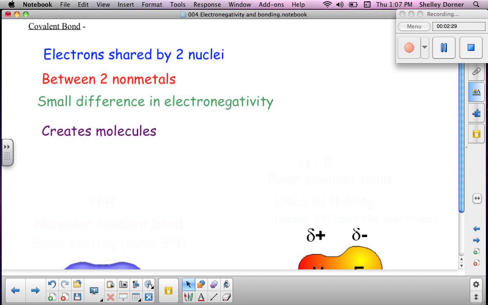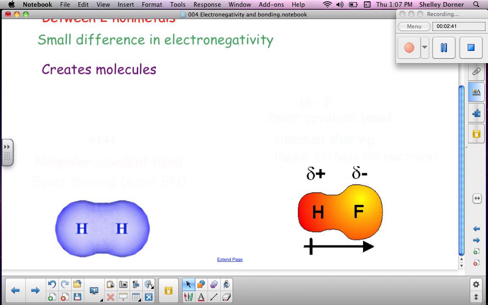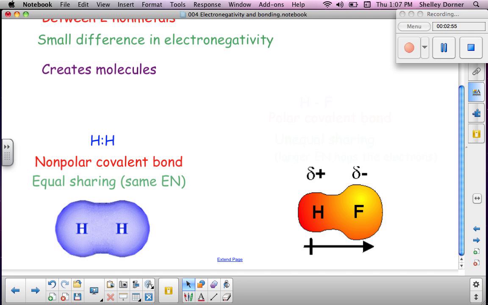You learned in Chem Activities 21 and 22 that sharing electrons does not always mean equal sharing of electrons. Let's compare the covalent bonding in hydrogen to the bonding present in hydrogen fluoride. H2 is an example of a nonpolar covalent bond created when the electrons are shared equally because the atoms involved have the same electronegativity.